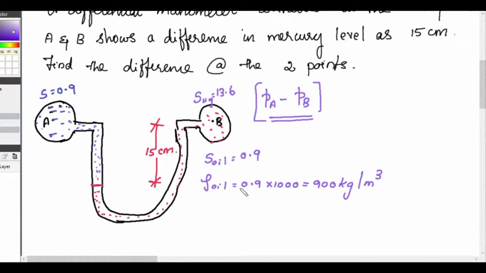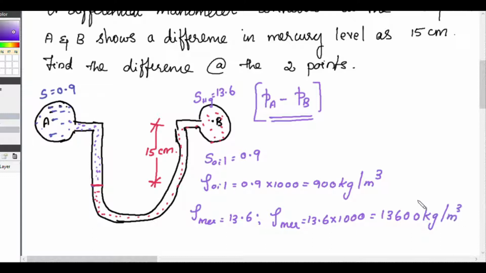So this is for oil. Now specific gravity of mercury is 13.6. So we get density of mercury is equal to 13.6 into 1000, it is 13600 kilogram per meter cube. Because we know density is equal to specific gravity of the liquid into density of water, that is 1000 kilogram per meter cube.